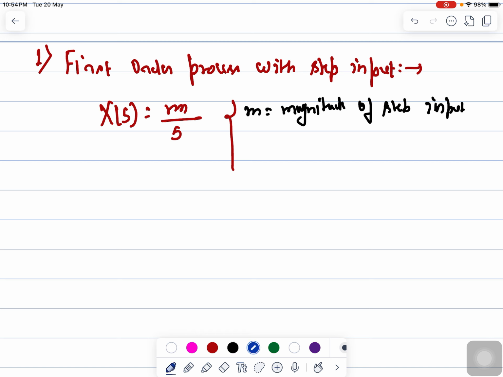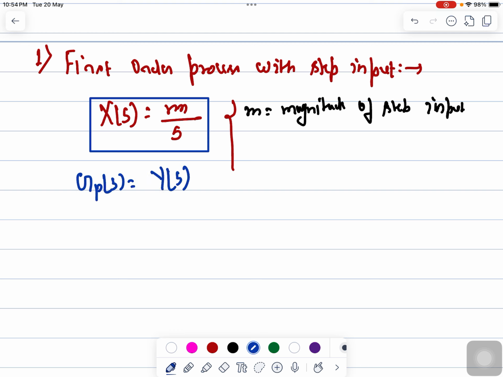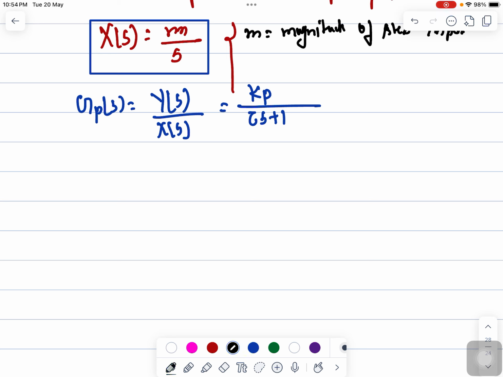And if I am talking about the first order transfer function G(s), that will be equal to Y(s) divided by X(s), and that is equal to Kp divided by tau s plus 1. And here you have seen that X(s) is M by s. So now I can write Y(s) equals M divided by s into Kp divided by tau s plus 1.